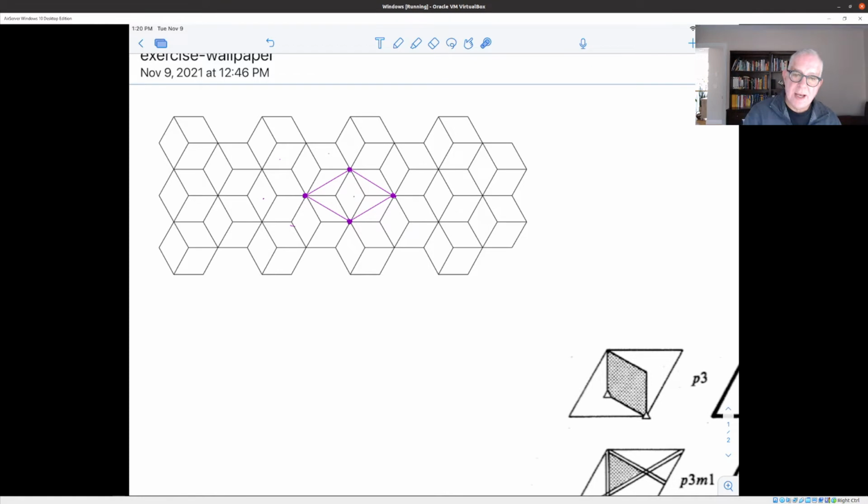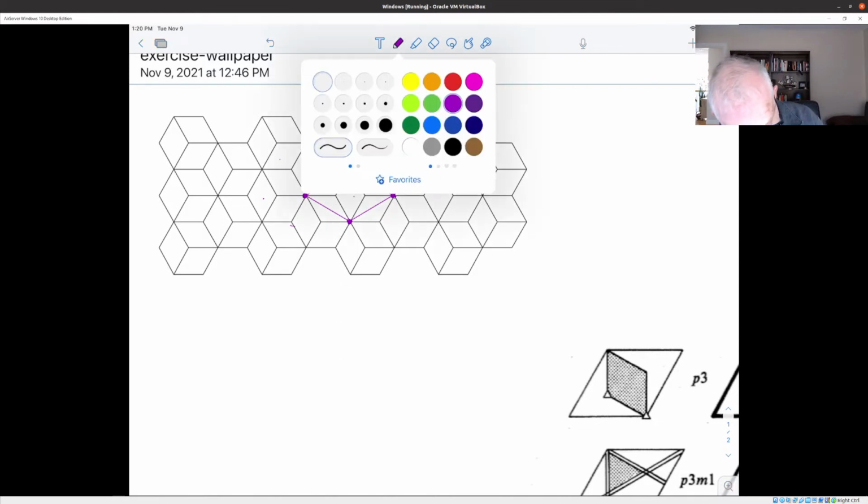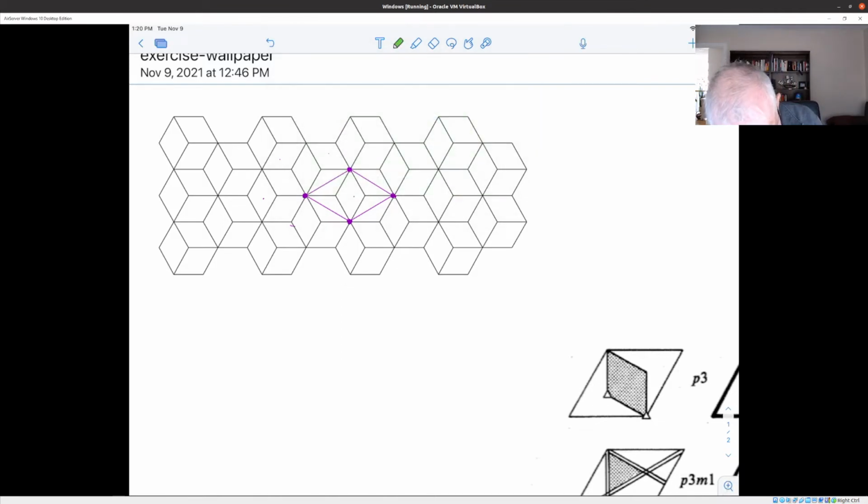Now, what other types of symmetries are there? Well, the other thing that people noticed is that there are reflections. So let me draw in some axes of reflection. So first of all, there's an axis of reflection that runs this way through the cell, because if you reflect vertically, like this, the diagram is preserved.